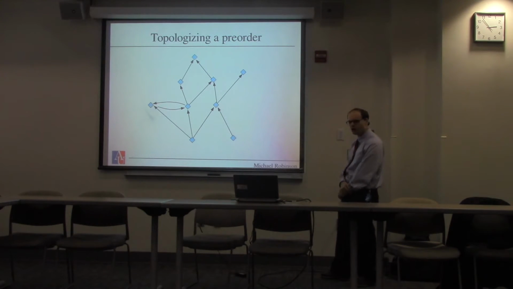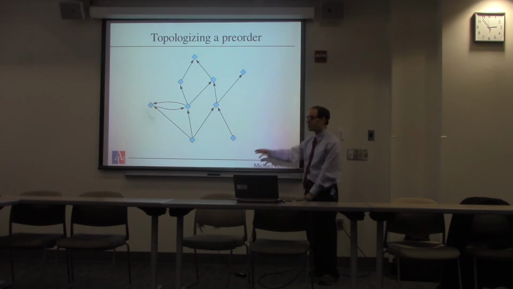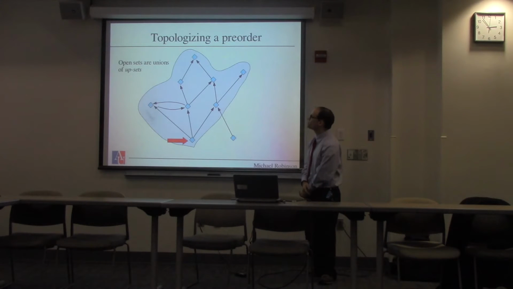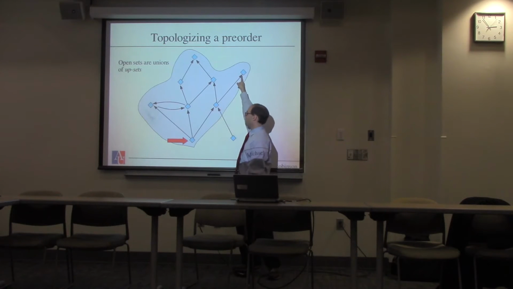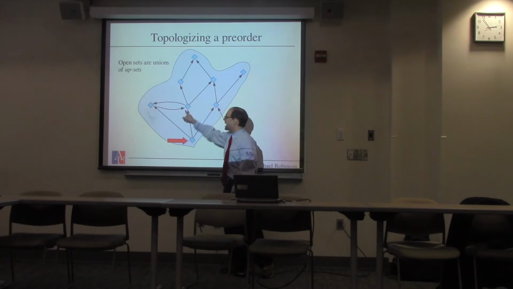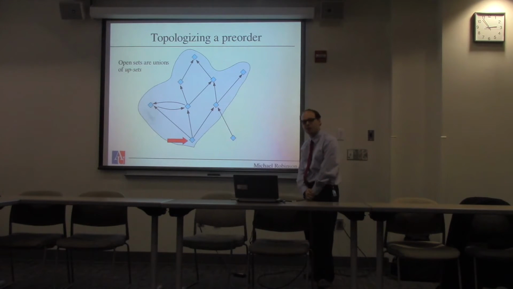Now how do I give a topology on this sort of thing? Well, you look at all the upsets, the sets of things that come after. So for instance, if you look at all the things that come after this particular element, well, this one came after, so did that one by transitivity, as did this one, as did this pair as well. So I'm going to think of that as an element of my topology.